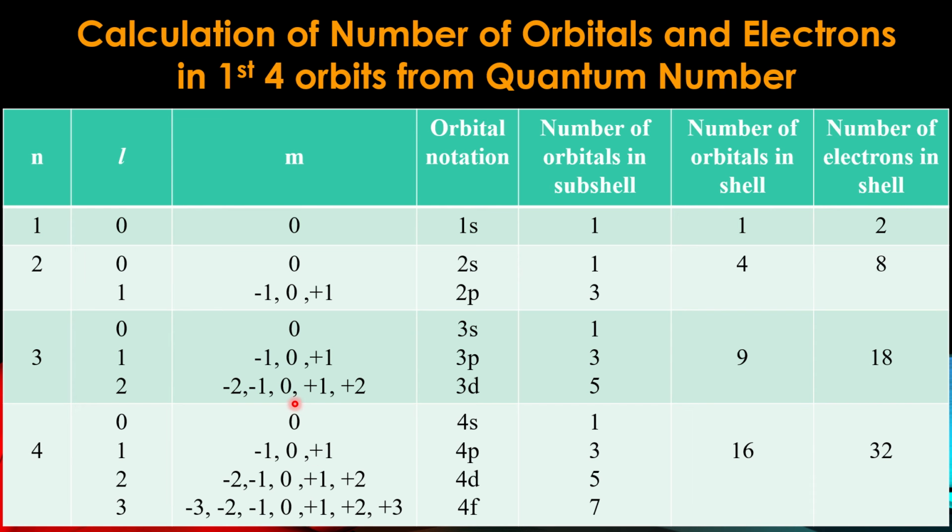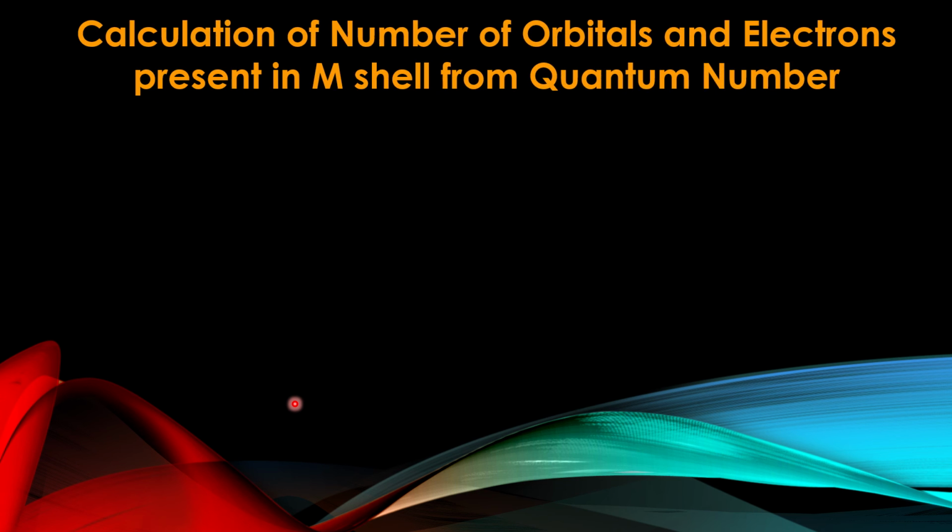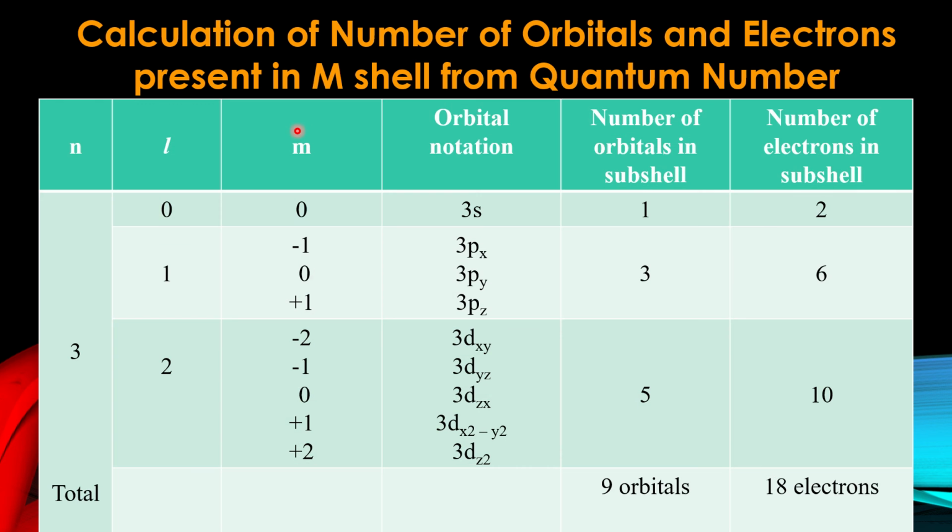Now I will show the calculation of total number of orbitals and electrons in only one orbit. Here I will show you in M shell. You can calculate it for L shell, M shell, N shell or any shell. Look, M shell, that means n equal 3. It is the third shell.